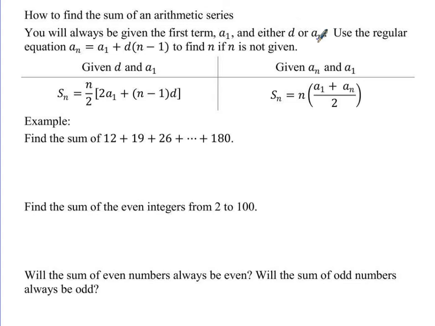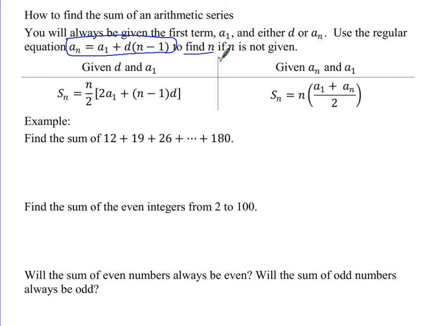You can use the regular equation that we've been using, this guy, a sub n equals a sub 1 plus d times n minus 1. We've been using that to generate the terms of the sequence. You can use that to find n if you're not given n. And n is the term number, the number of terms in this case.